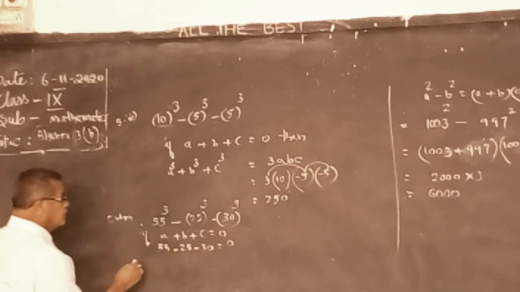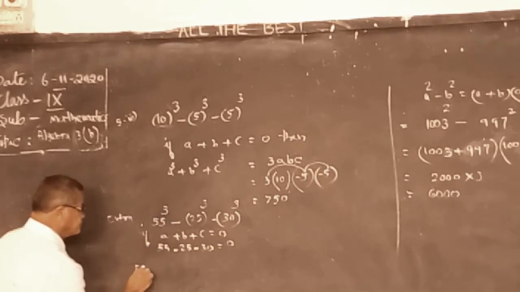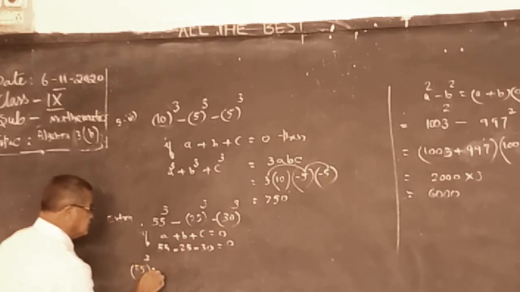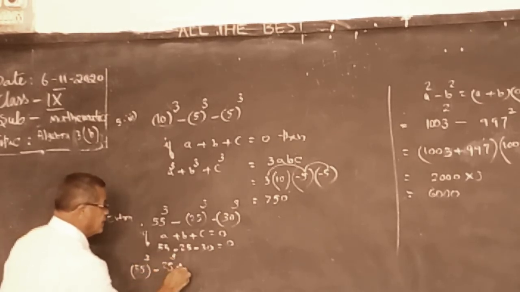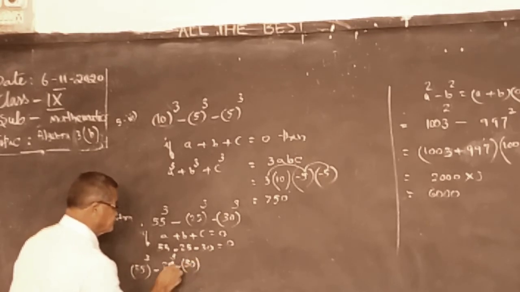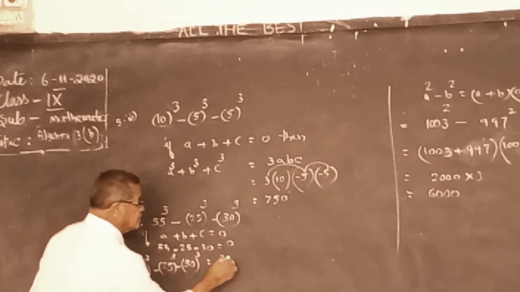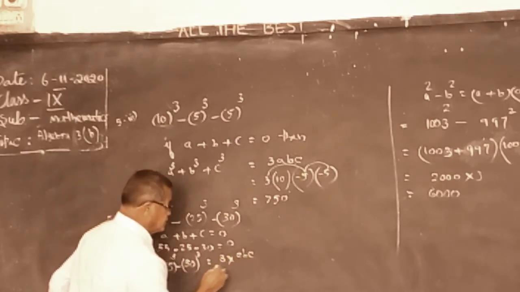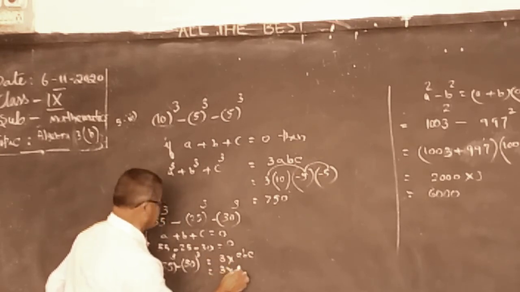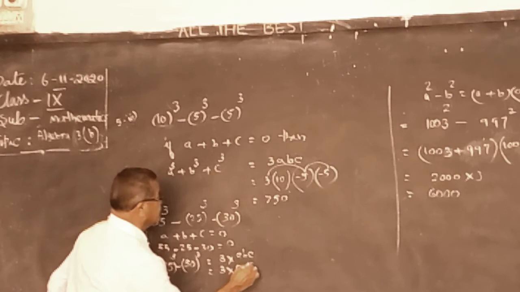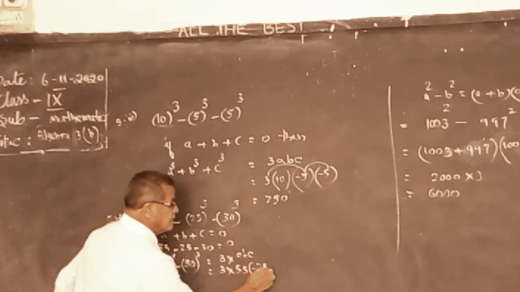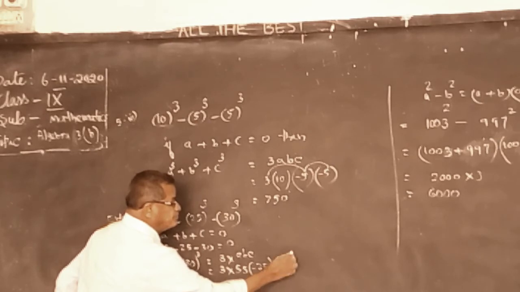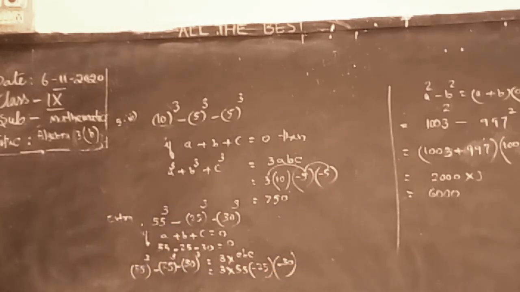Then 55 cube minus 25 cube minus 30 cube is equal to 3abc: 3 into 55 into minus 25 into minus 30. Now multiply all the terms.